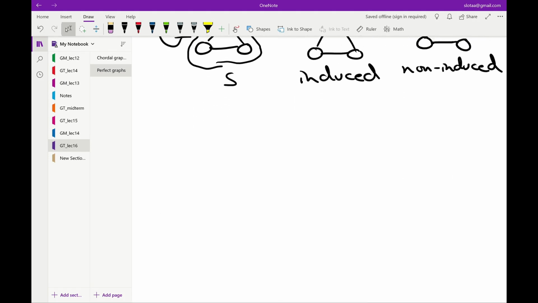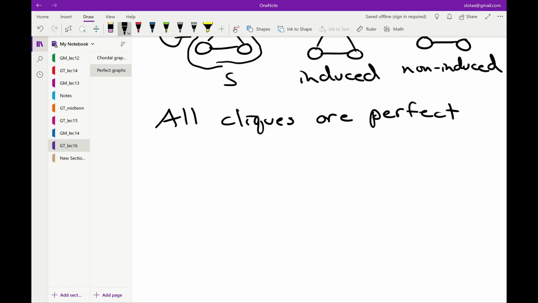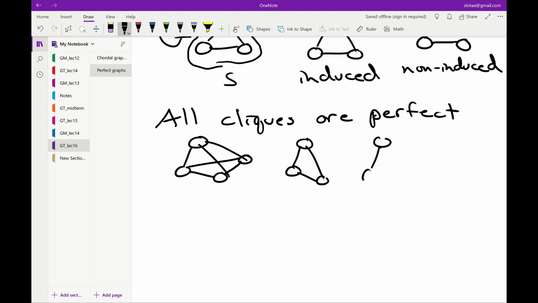So let's talk about perfect graphs here a little bit. What graphs are perfect? Well, all cliques are in fact perfect. If we consider some arbitrary clique here, let's just make it K4 for simplicity, obviously if we induce on some subset of vertices, we are going to end up with a clique because we're bringing along all edges for the ride.